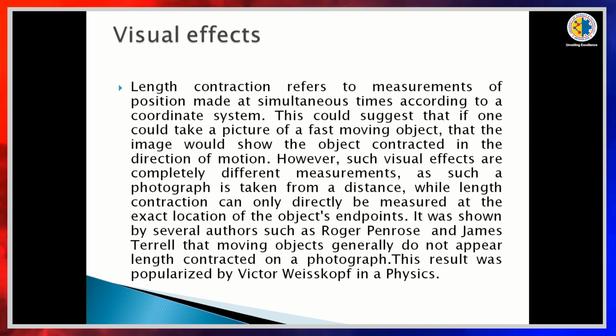This result was popularized by Victor Weisskopf in a physics journal. So, this is one of the important points, that using a photographic system we also visualize the length contraction in relativity.